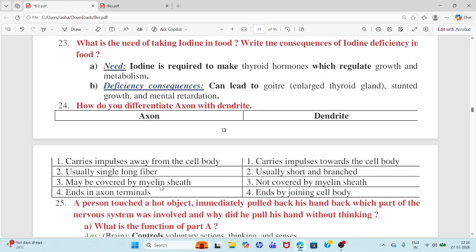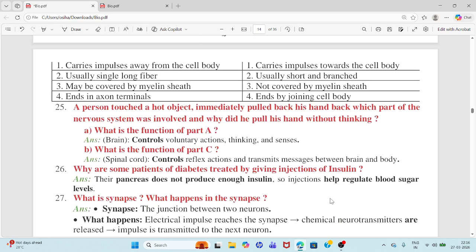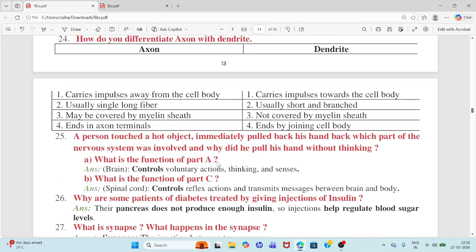Axon may be covered by myelin sheath, and dendrite is not covered by myelin sheath. Axon ends in axon terminal. Dendrite ends by joining the cell body. These are the differences between axon and dendrite.